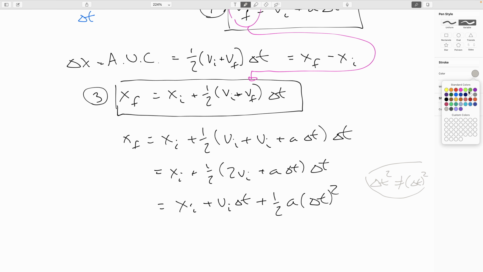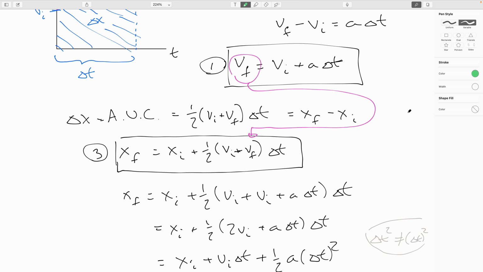All right. And then we can go back, and playing the same game here, we can get rid of the time between the equations. So if I go back here, I will solve equation number 1 for delta t, and then stick it back into my equation number 3.